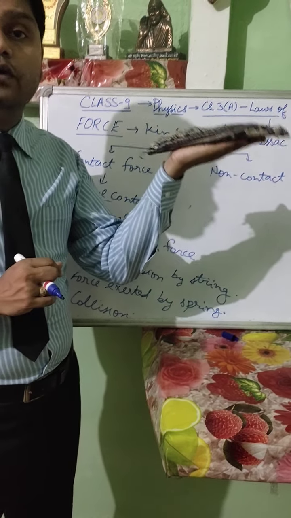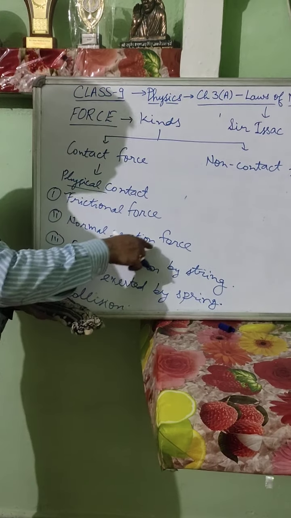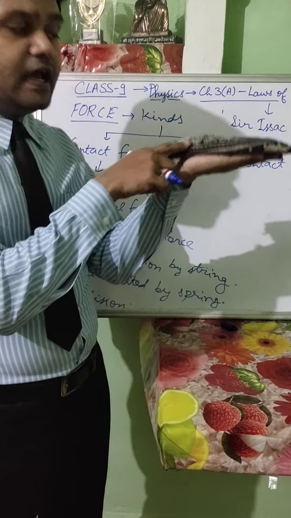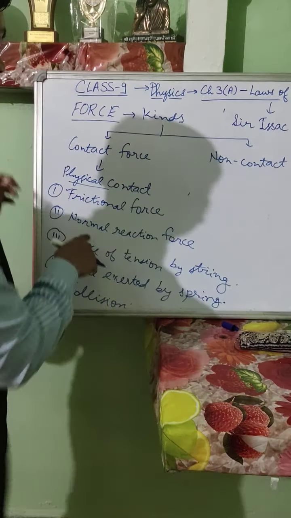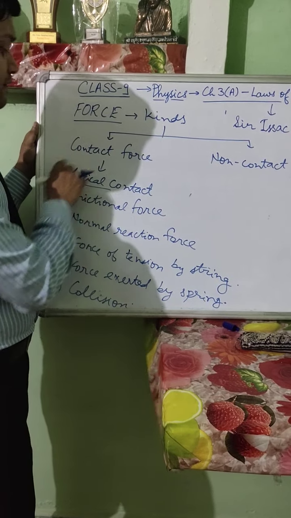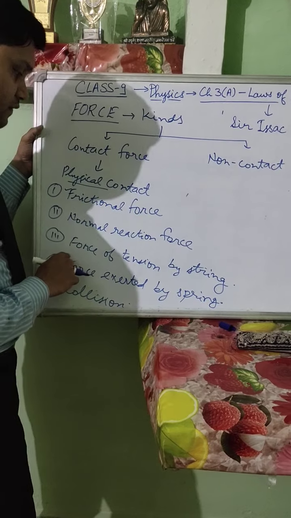So whatever the force is applied by my hand, that is known as normal reaction force. My hand and duster is in contact with each other. Therefore, this type of force is in physical contact and it will come in the category of contact forces.